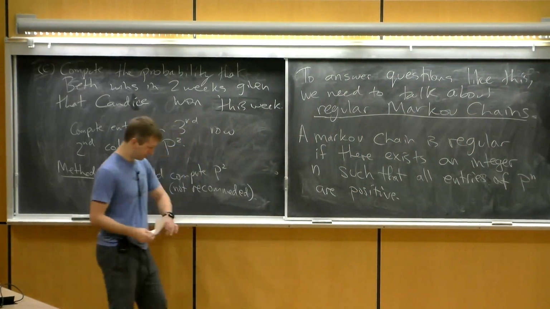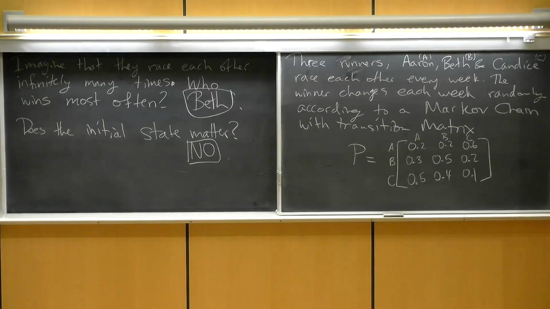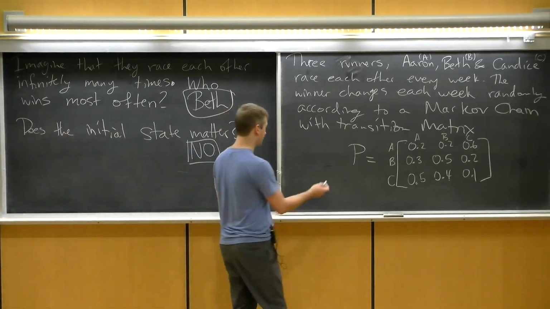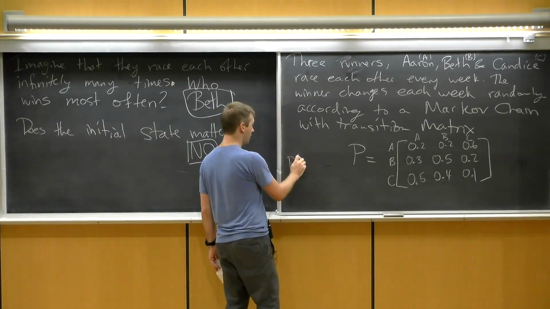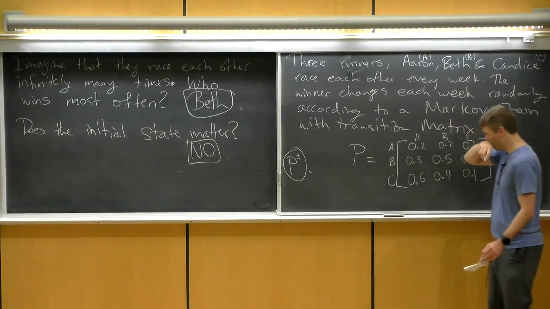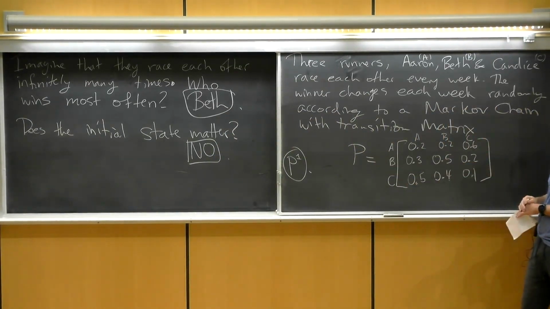Okay. So in this example, this Markov chain is definitely regular because P to the 1, just P itself, has all positive entries. So this is a regular Markov chain.